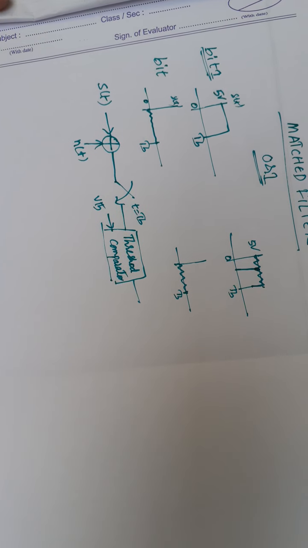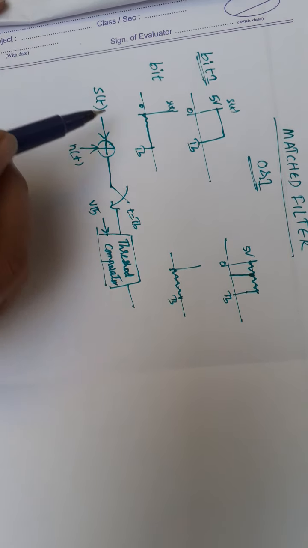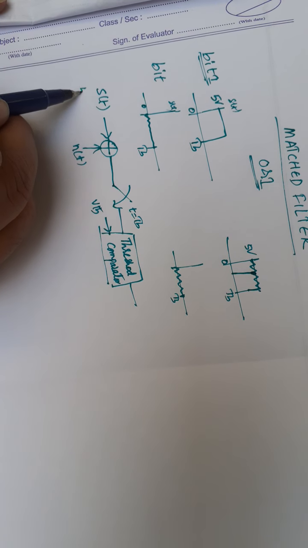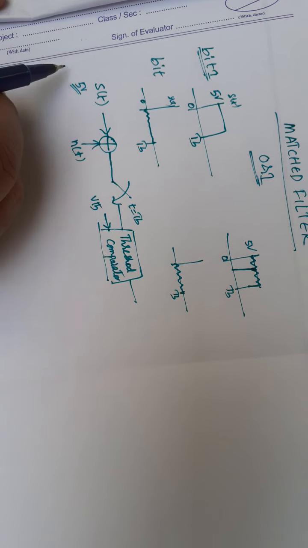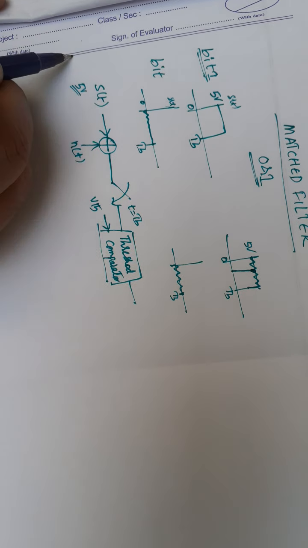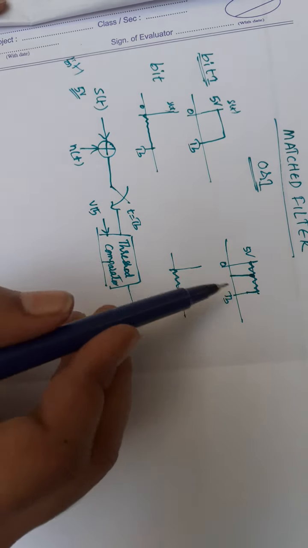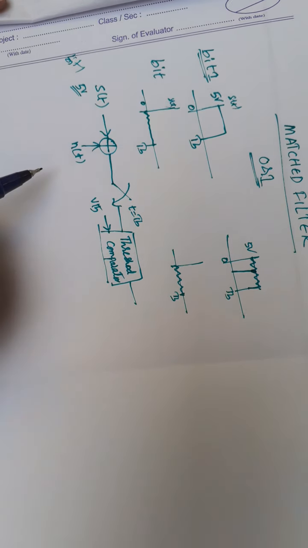Now let us assume this is my S of t signal, 5 volts for bit 1, and this signal is added with noise.